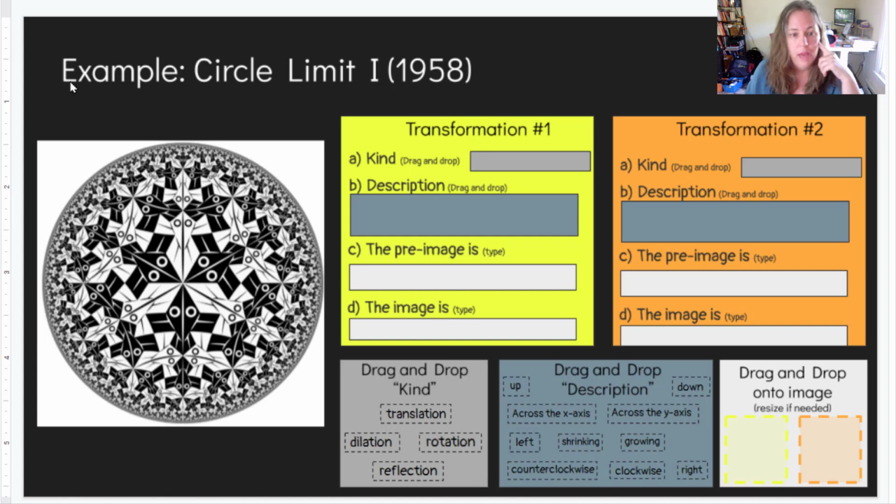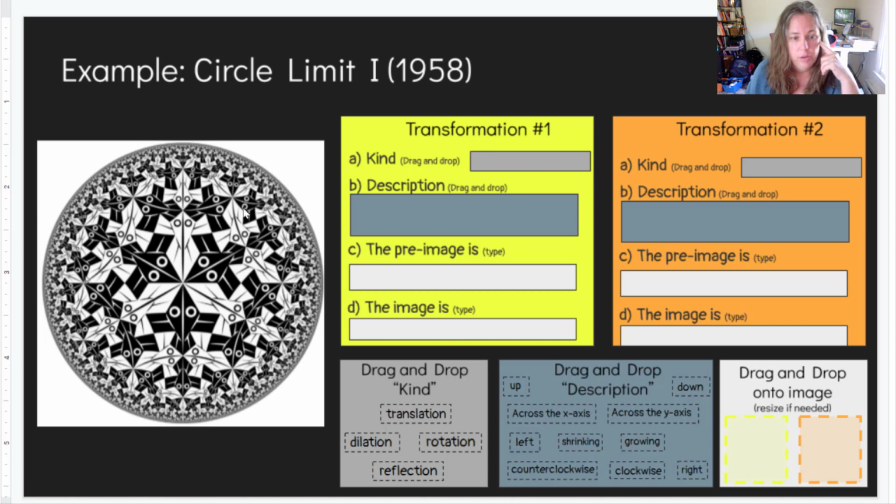At the top, instead of "example," yours will say picture 1, picture 2, and it will have the title of the artwork. The title of this artwork on this slide is Circle Limit 1, and it was made in 1958. Then below the title, you will have the MC Escher artwork. All of this artwork is by MC Escher.